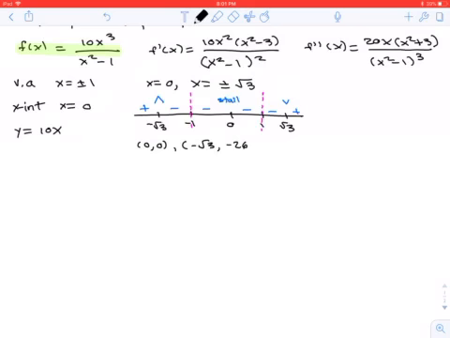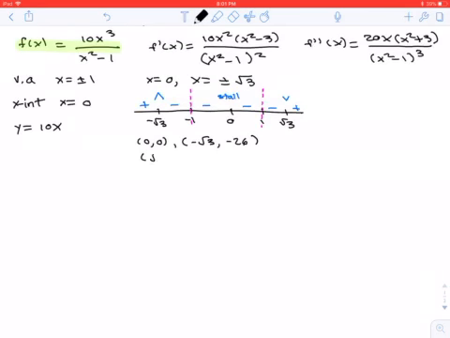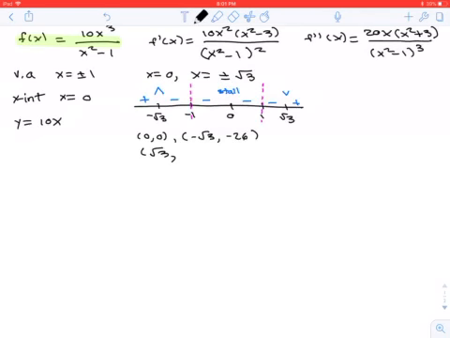It's actually negative 25.9, but we'll say negative 26 because who's going to be able to tell, right? And then finally root 3, and again, about positive 26. Great numbers there. Okay, first derivative's done.